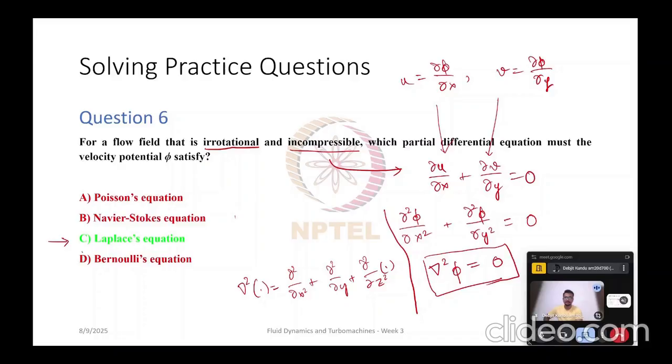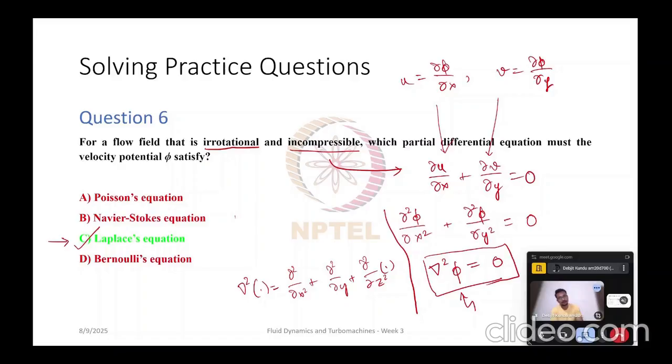Now the neat thing here is that if you do have an irrotational and incompressible flow field and you know the boundary conditions, then solving Laplace's equation is actually very easy and straightforward, because this is such a common equation that there has been a lot of work done on it, and there are many different ways to efficiently solve this equation, given that you know the boundary conditions and it's a well posed problem.